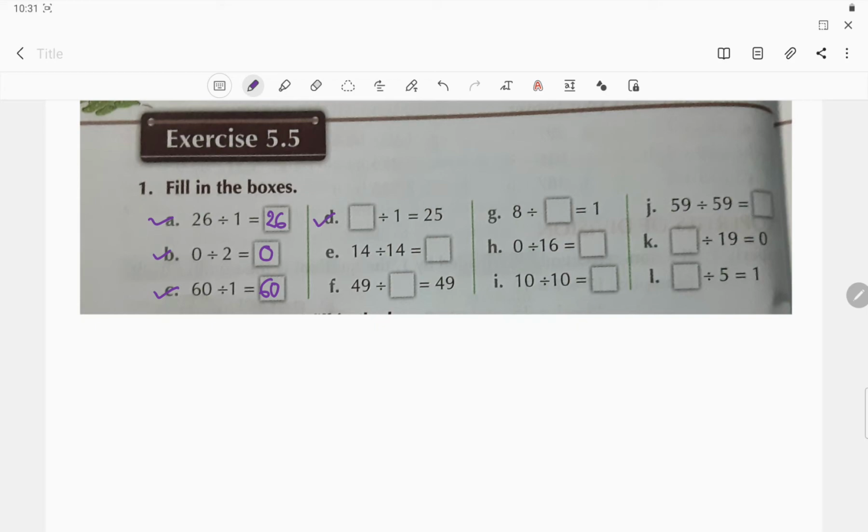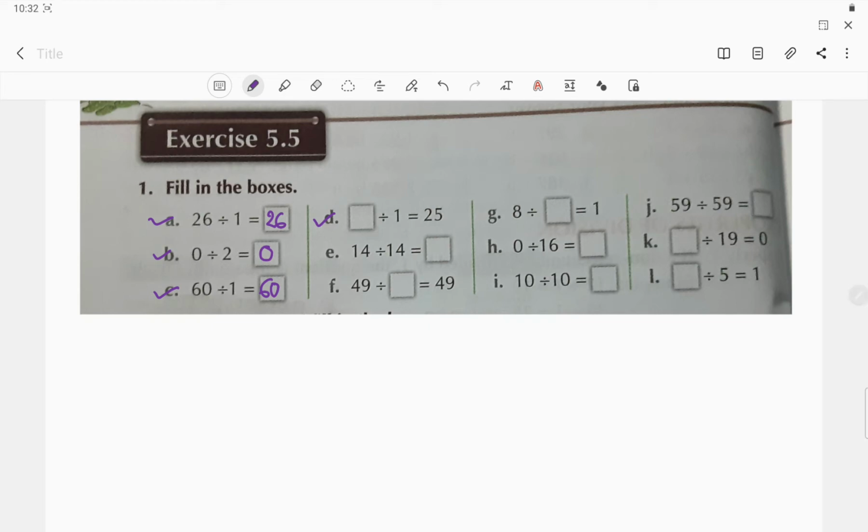Now question D. Here you have to find the dividend. That means which number will come in the dividend so that if I divide by 1, you will get 25.